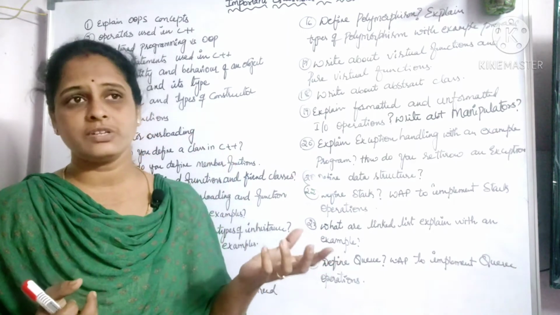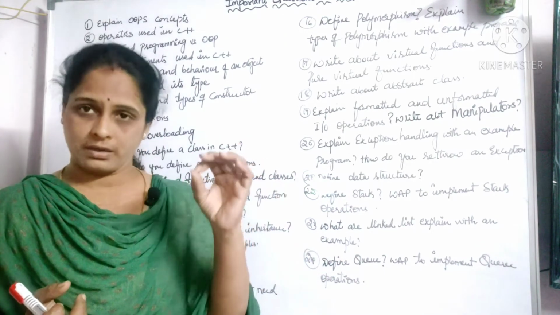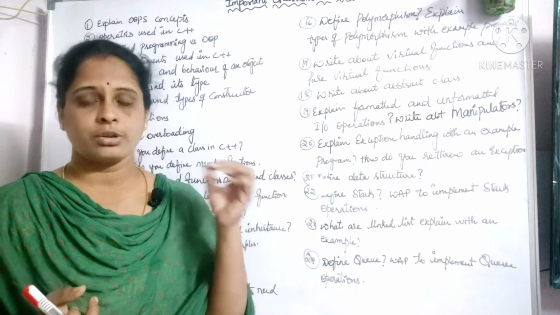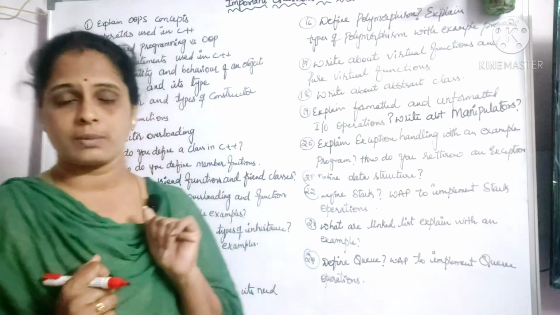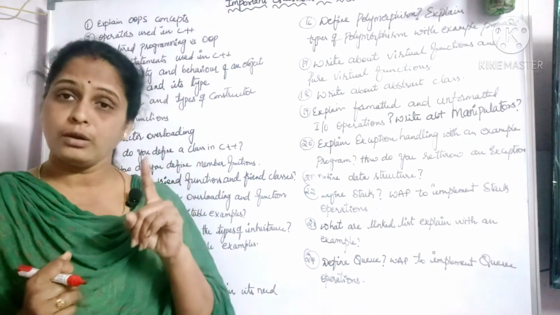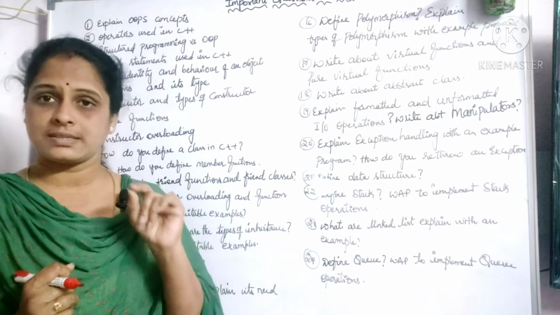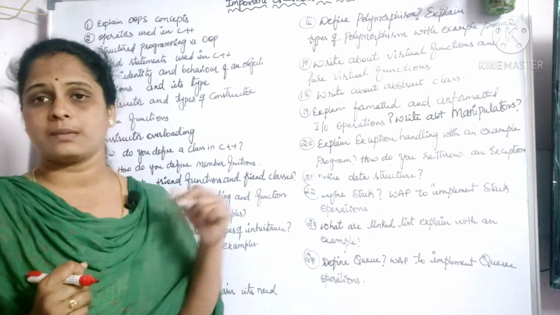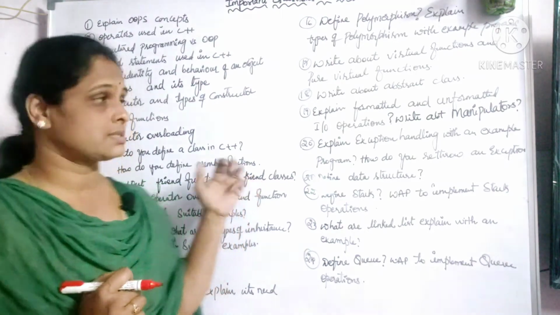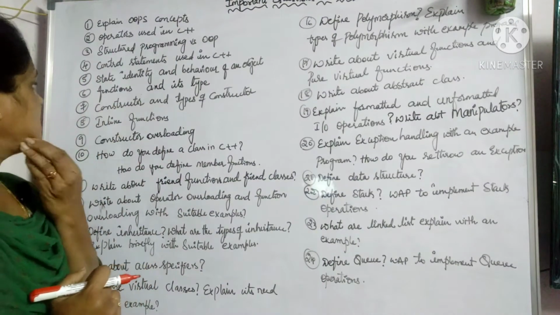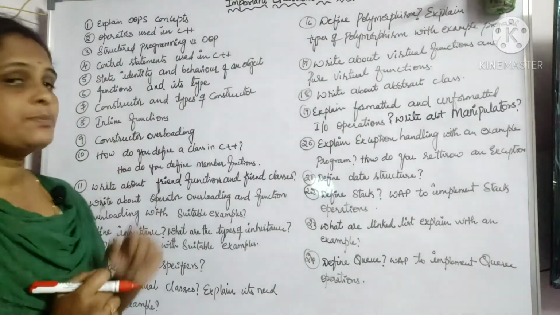Then you have types of functions like function with no argument and no return value, with argument and no return value, etc. You need to write about them along with examples. Syntax and examples are compulsory because these questions will be seen in essay questions, not in short questions, right?